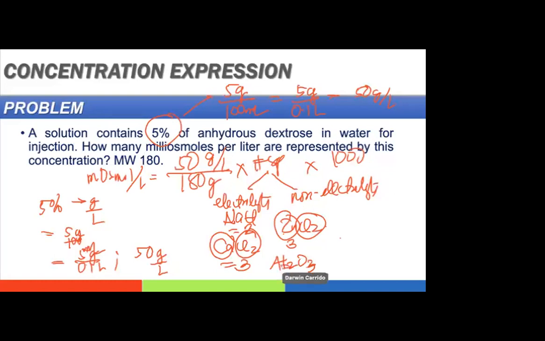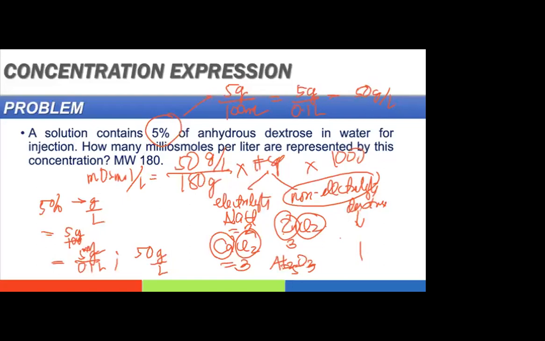Now, we have dextrose, which is a non-electrolyte. How many species is that? Does it dissociate? When we say dissociate, does it separate? No. If you dissolve it in water, it is still dextrose in solution. So how many species in dextrose? 1. Always remember that for a non-electrolyte, the number of species is always 1.